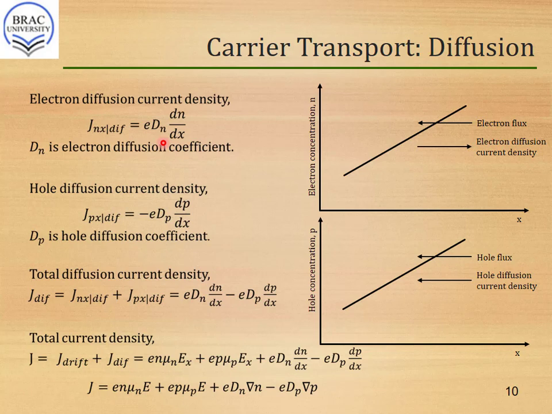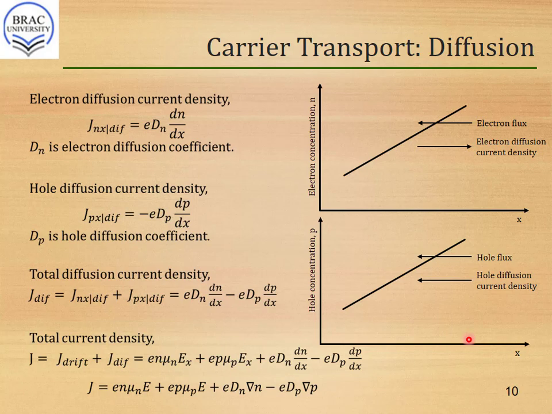Now let's talk about holes. If we have a similar function, but this time it is a function of hole concentration, let's see what will happen. Hole concentration is lower in this region and higher in this region where distance is greater.